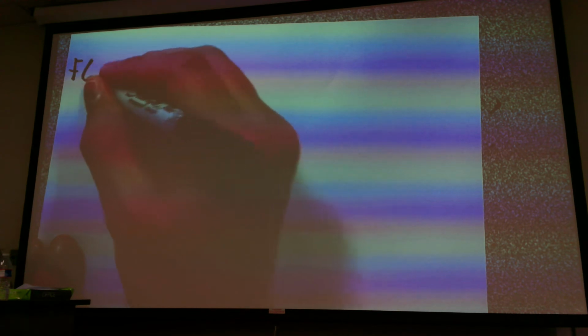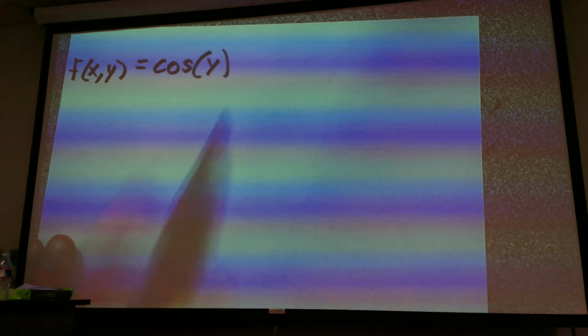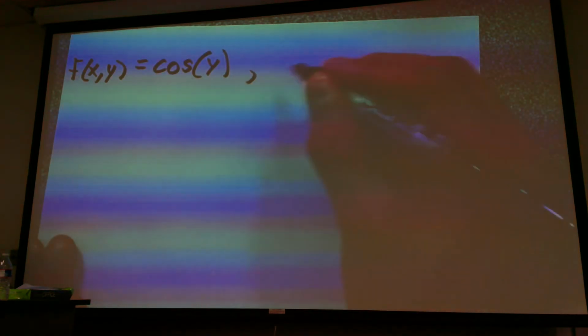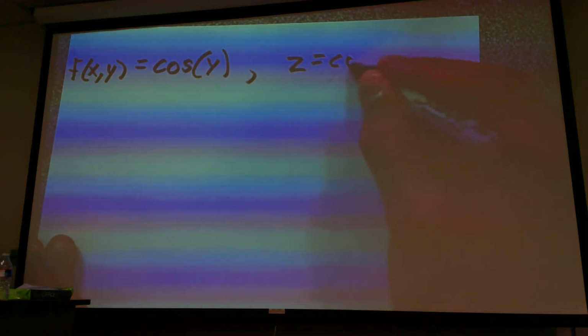And so if we consider things like traces, let's say we have f of x, y, say equals cosine of y. All right. Okay, so what does this really mean? This means z is going to equal cosine of y.